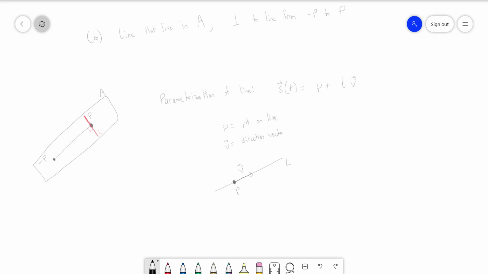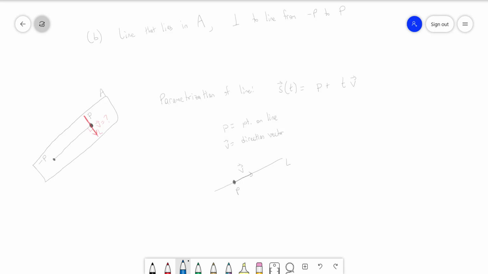Okay, so I have chosen to find the line that will pass through the original point P in our problem. So we already have a point on the line. What I'm going to need is a direction vector. To get the direction vector V, I know that V has to be perpendicular to this line segment.